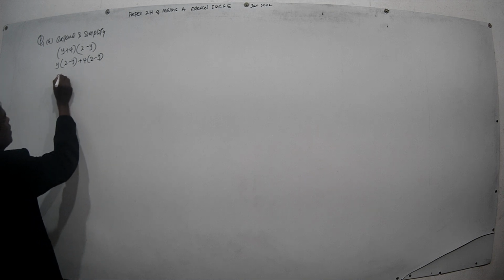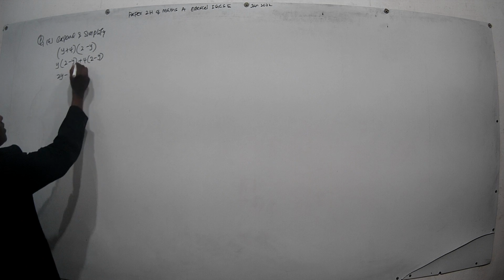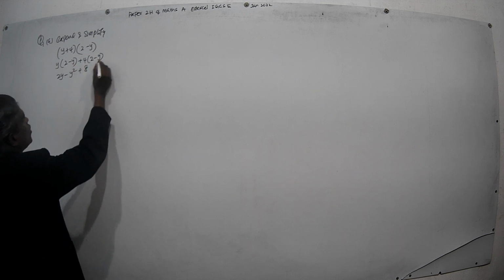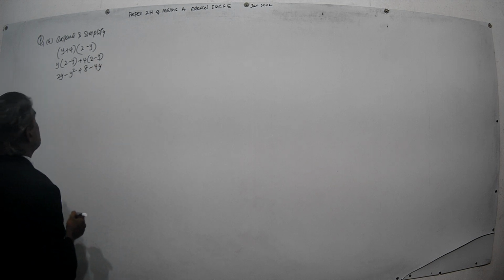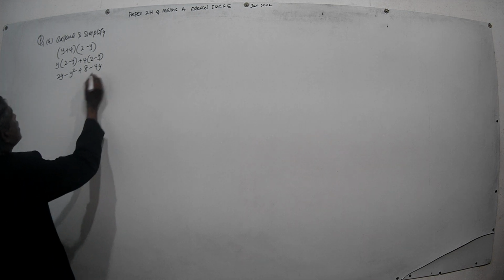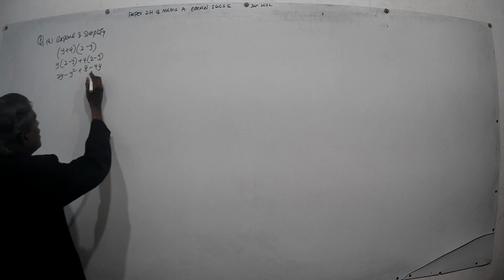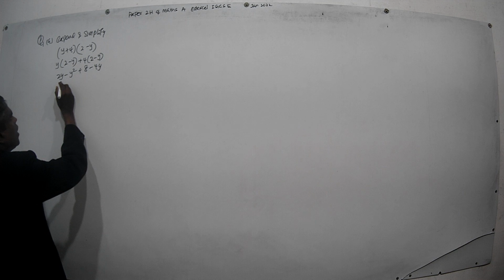y times 2, 2y. y times minus y, minus y squared. Plus 4 times 2, 8. 4 times minus y, minus 4y. Now you collect the like terms, 2y and minus 4y. Two terms of different signs, therefore you subtract: minus 4y plus 2y is minus 2y.